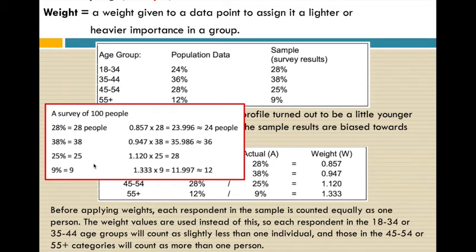Now this changed, after applying weight, to this. Okay. So the number of the 55 plus increases, and also the 45 to 54 years old also increases. That's how you deal with the post-sampling error, okay, by applying weight.